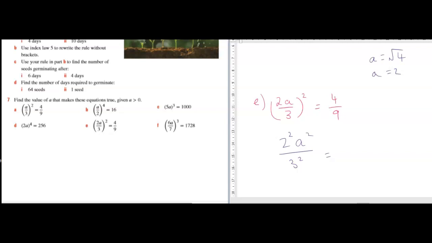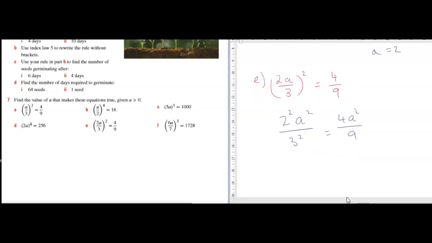So at this point, we've got 2 squared, which is 4a squared over 9. So we want that to be 4 over 9. So we've already got the denominator being 9, and the numerator at this point is 4a squared. So 4a squared equals 4. So you can solve this algebraically if you like, just get a on its own. So divide both sides by 4. So a squared equals 4, and just like we did before, the square root of 4 gives you 2.